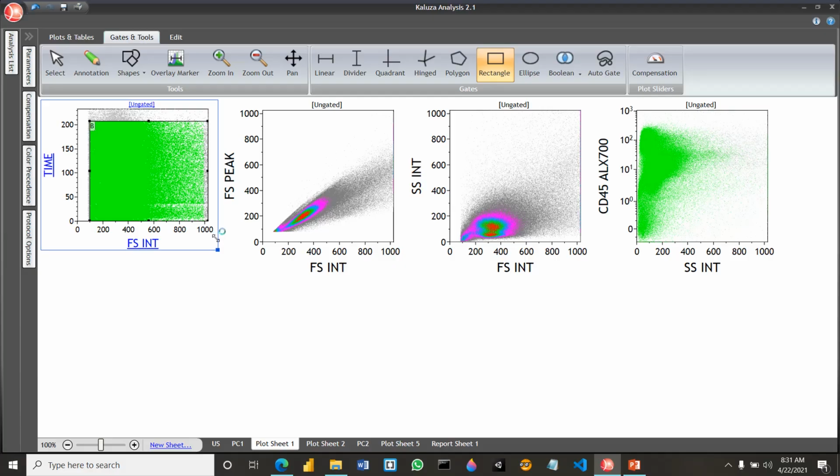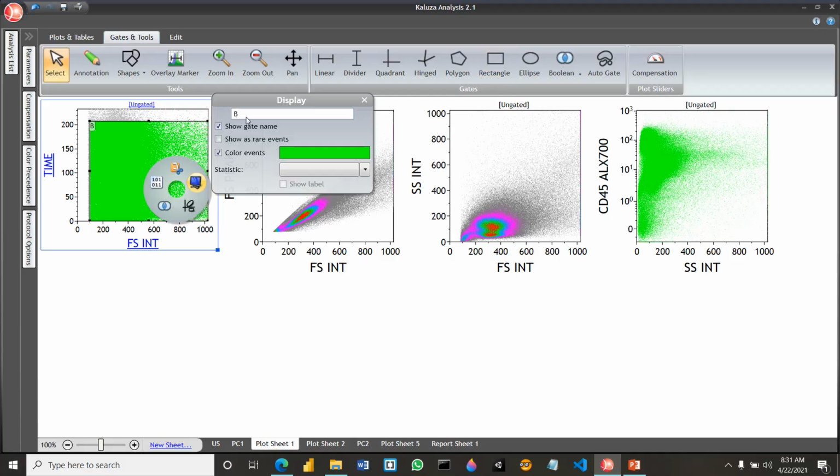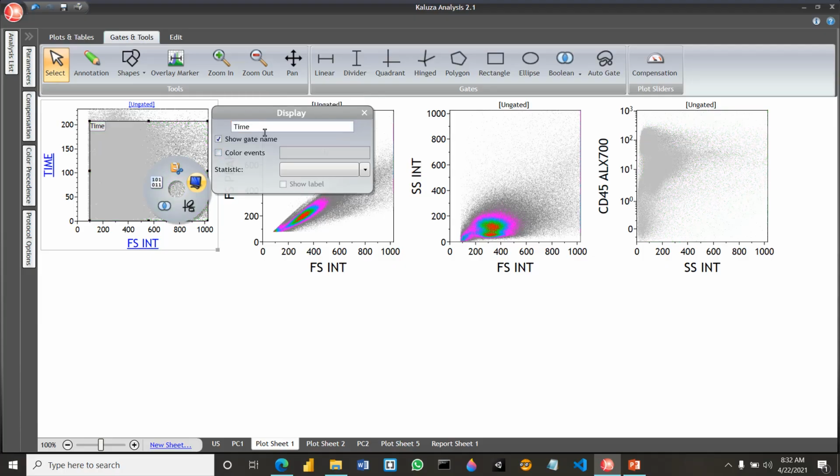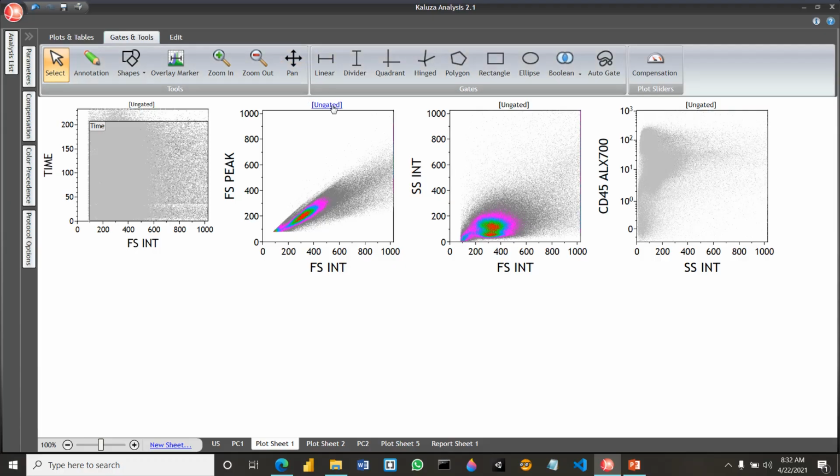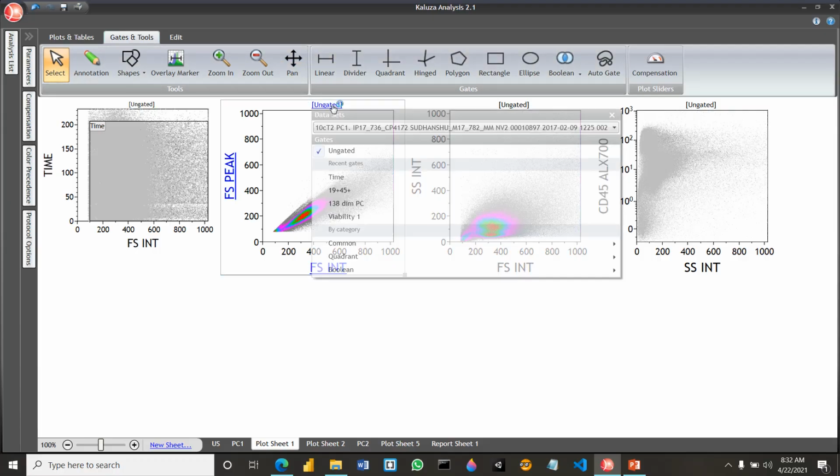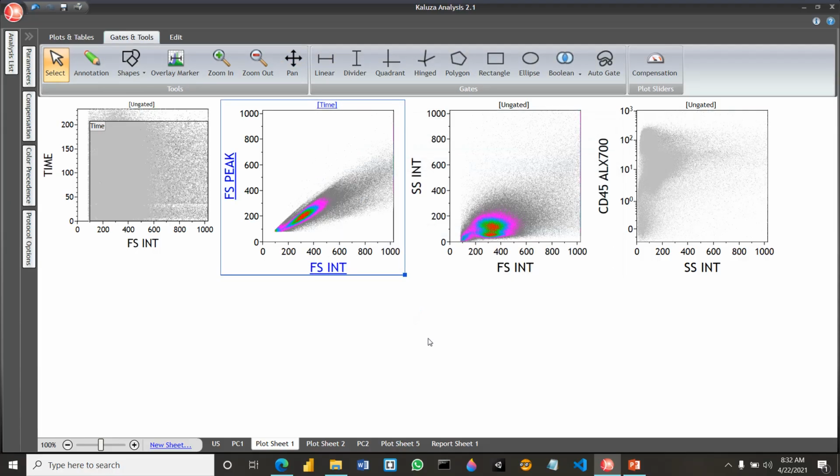Here we use the time gate, we can label it time. We don't need color for it, so that's our time gate. And then we have forward scatter for the singlet analysis. You can see there are doublets here and some debris here, so we start with the singlet gate first, to remove these doublets.